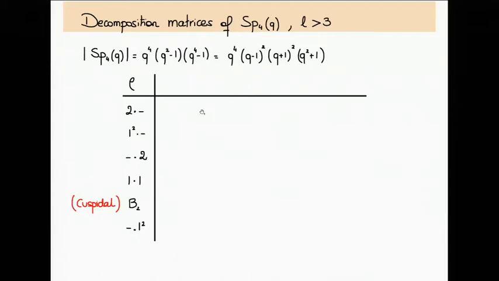They are labeled here by bipartitions. So there are two kinds of characters, even in the unipotents. You have the ones which are in the principal series, which you can induce from the torus, labeled by these pairs of partitions: 2 empty, 1 1 empty, empty 2, 1 1.